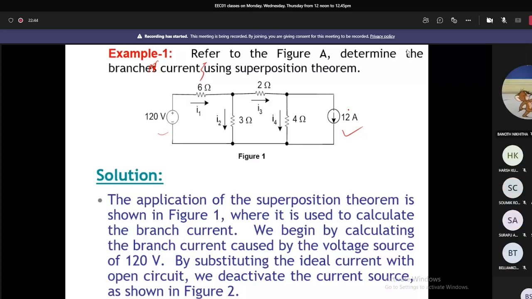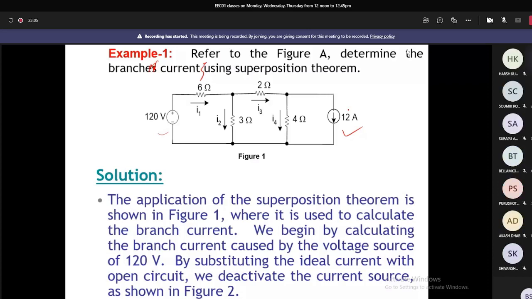So 6, 3, 2, 4, right? What do we have to find out? All of I1, I2, I3, I4. How can we do that? What is convenient for us? Again, we can use node analysis, or if you wish, you can directly calculate.